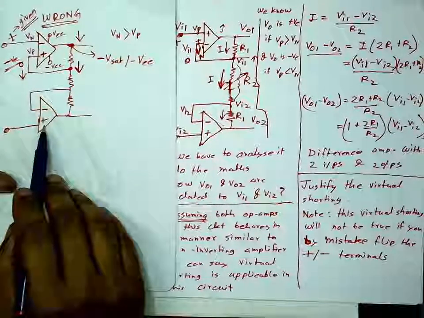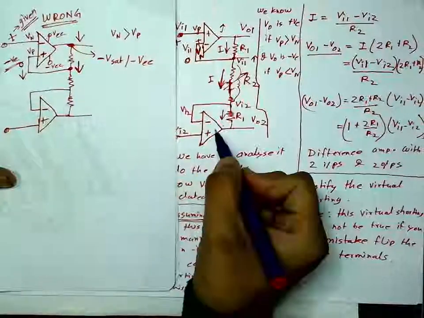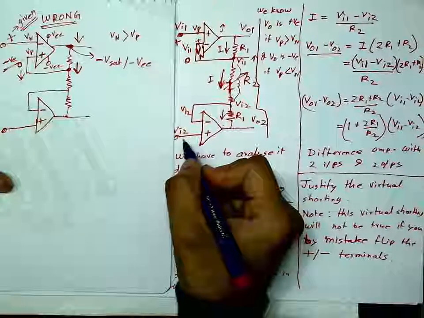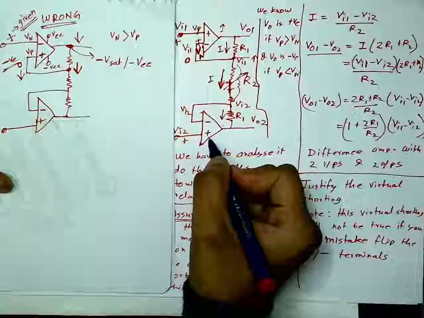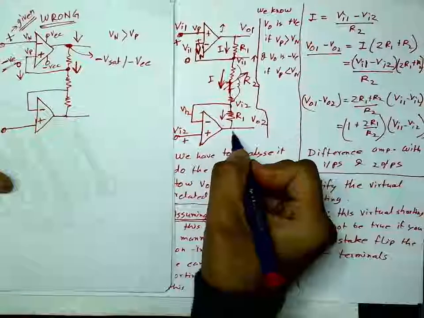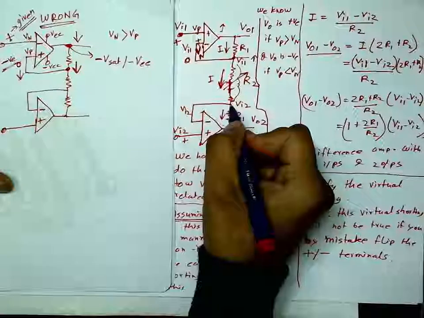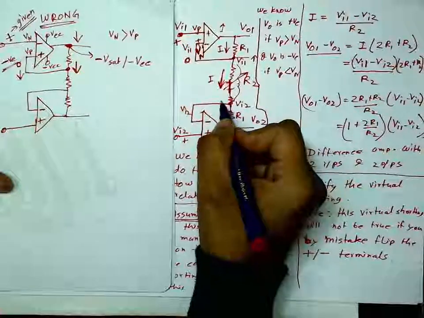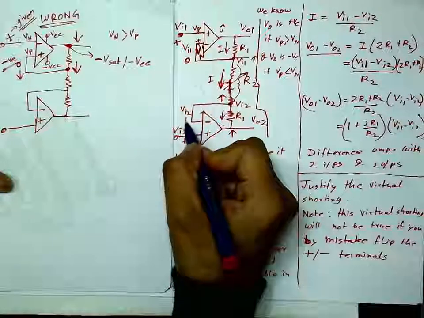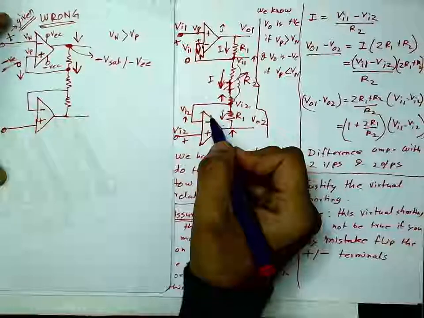Here as well you do the same analysis. This is the correct circuit. If you give a positive supply to the positive terminal, this output goes up, causing the potential here to go up, and it will be equal to this plus value, and the op amp will be happy at that point.